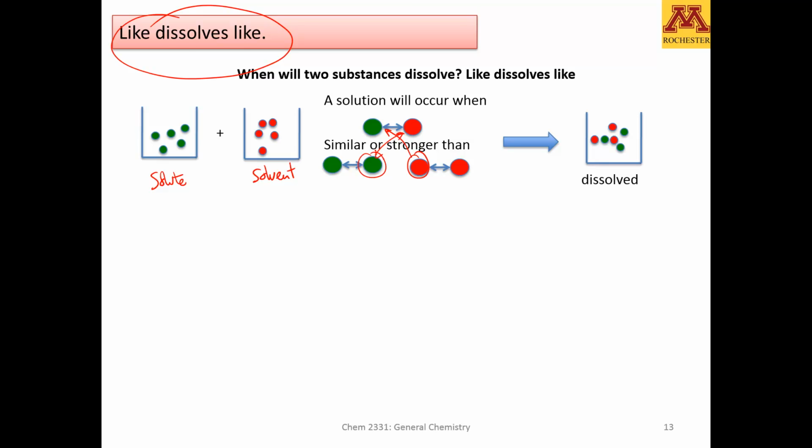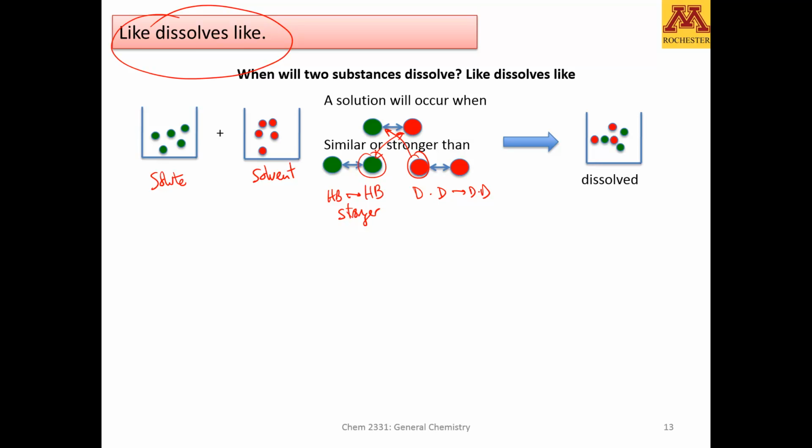Let me give you an example. If the green ball interacts with hydrogen bonds with the other green ball, and the red ball only has dipole-dipole with the other red ball, because hydrogen bonds are stronger, even though the red and the green can interact, the green ball would rather be interacting with the other green ball because they are stronger.